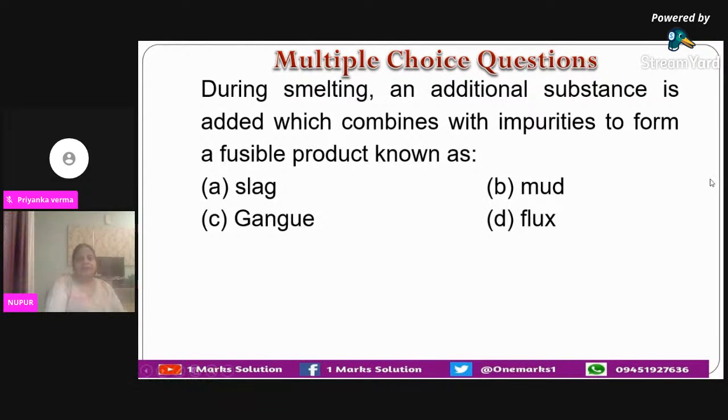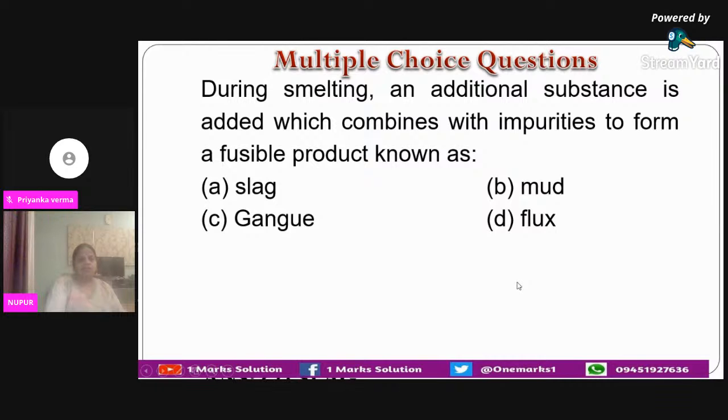Now during smelting, an additional substance is added, and this thing combines with the impurities and it makes a fusible, means a molten product. What is it called? Is it called slag? It is called mud, it's called gangue or flux. So we know that flux is, we've seen in the previous slide, it is an additional substance which is added.